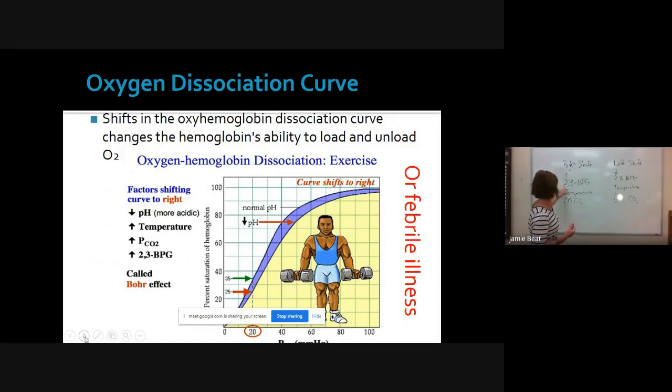This here is called 2,3-biphosphoglycerate, a molecule that gets released with red blood cells. And then temperature. For example, if we're febrile trying to fight an infection, or if we're exercising, and that's why the picture here has this guy lifting weights, we're going to have a right shift in our curve, which says our tissues need more oxygen.